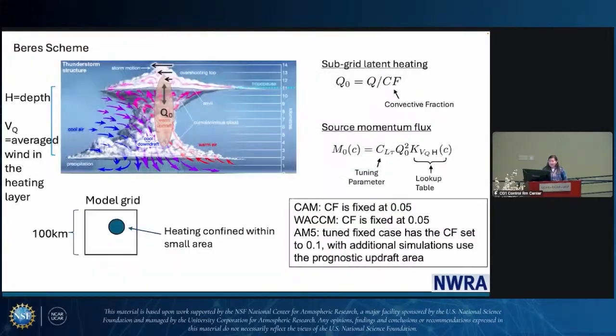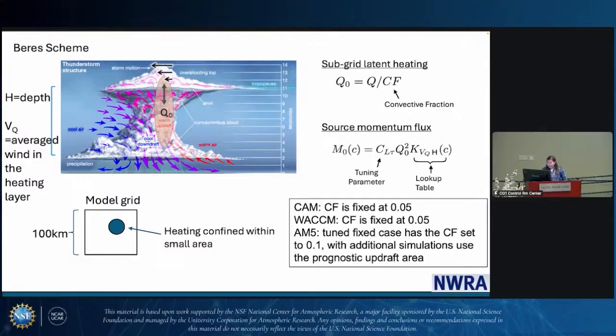There are several important parameters for the Beres scheme. The first important parameter is the maximum heating within the deep plume, called Q0. From the model outputs, we only have the grid mean heating, Q. In order to know the maximum heating within that convective plume, we need to divide it by the convective fraction.